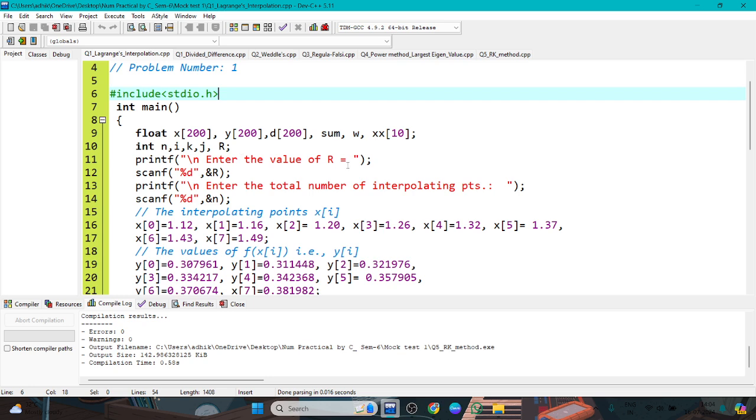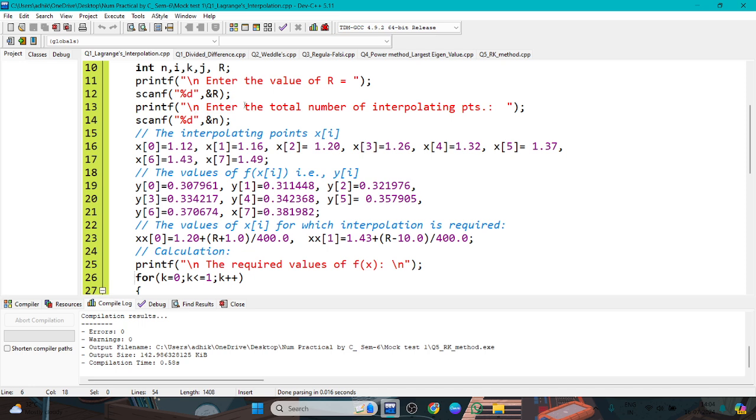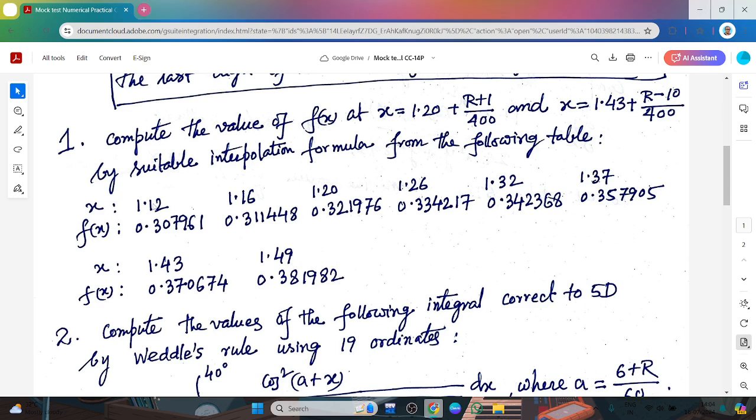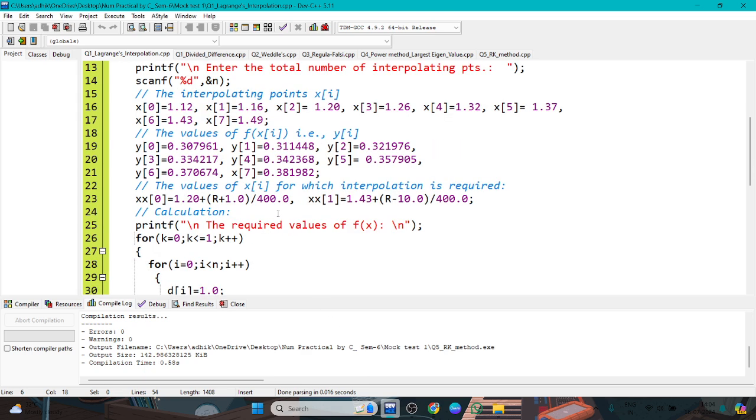Enter the value of r, the last digit of your roll number, and scan r. Enter the total number of interpolating points. Here the total number is 8: 1, 2, 3, 4, 5, 6, 7, 8. So the total number of interpolating points is 8.